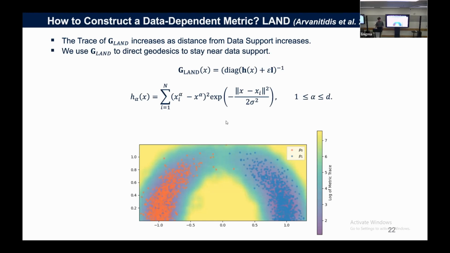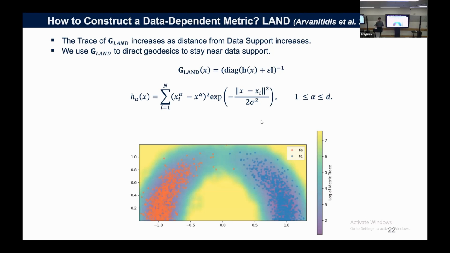In general, if you give me data and I want to construct a metric that assigns larger costs to regions outside the data, you can, for example, just take an inverse covariance matrix. In fact, to come back to the point of efficiency, we just use diagonal matrices for the Riemannian metric. We didn't use crazy dense matrices.